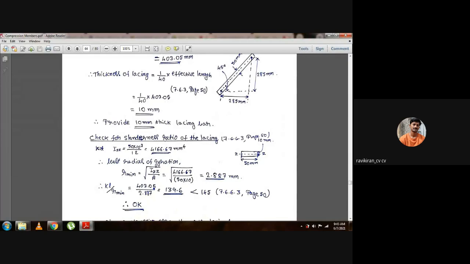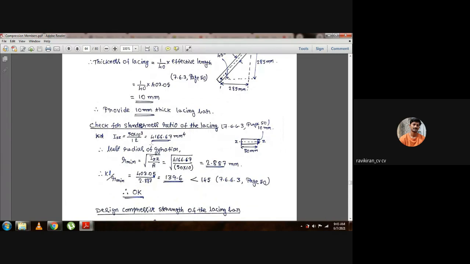Now check the slenderness ratio of the lacing. So how to check slenderness ratio? I_zz value for that particular member. Width is 50 millimeter and thickness is 10 millimeter. So bd cubed by 12, if you do in terms of Z direction, you will get 4166.67 mm^4. 50 is the breadth and depth is 10 millimeter, that is thickness.